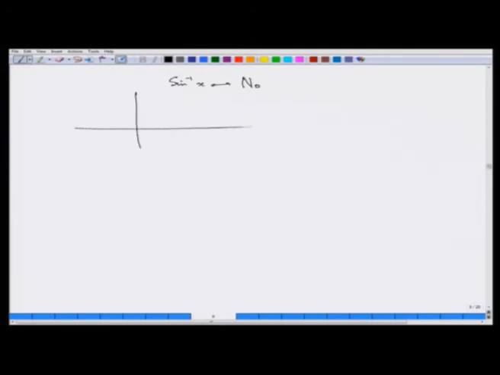Because for example, if you draw the graph of sin x, what would happen? So, sin x is a function whose domain is R and whose range, by the way, is -1 to +1. All the values vary between -1 and +1. So, for such a function, what is the meaning of sin inverse x?